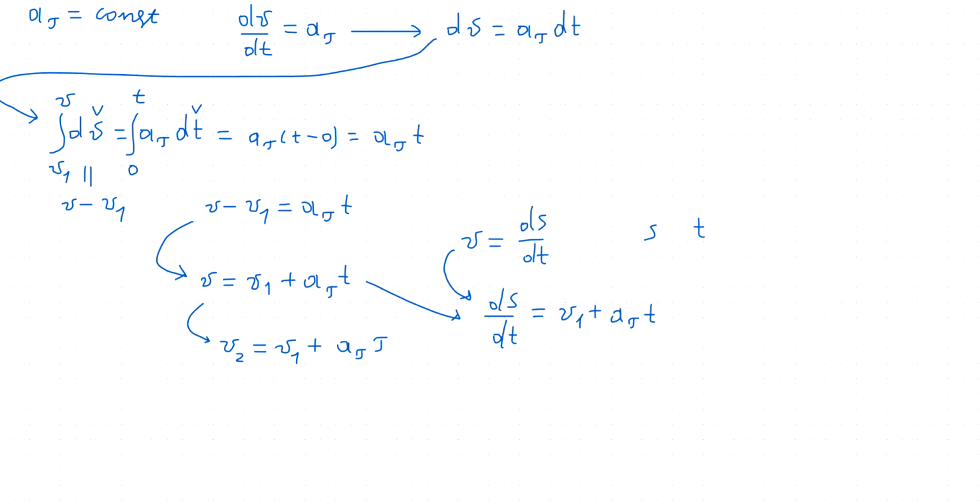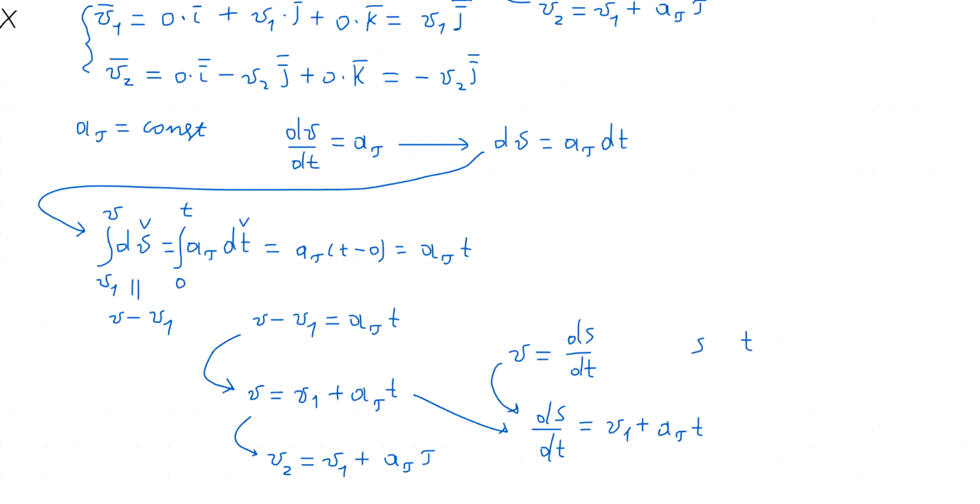If we can take an integral of velocity, we can separate the equation. How did we do this here?